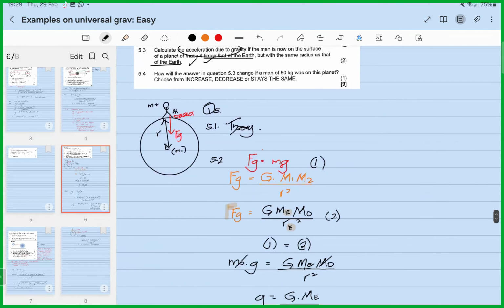How will the acceleration on the planet change if we change the mass of the man himself? Increase, decrease, or remain the same? I'm going to allow you to give me the answer to that. So wouldn't it increase because mass and acceleration are inversely proportional? Everybody would actually think that, weirdly.